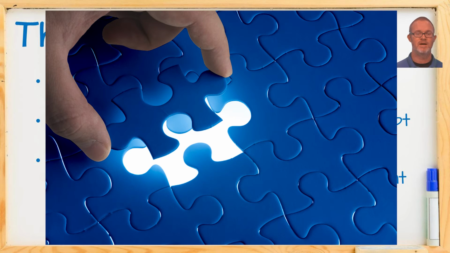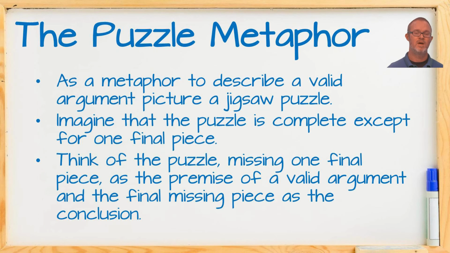Imagine that there's only one missing piece to the puzzle, and in fact, there's only one possible piece to complete that puzzle. There's only one piece that has precisely the right shape and image on it to complete that jigsaw puzzle.